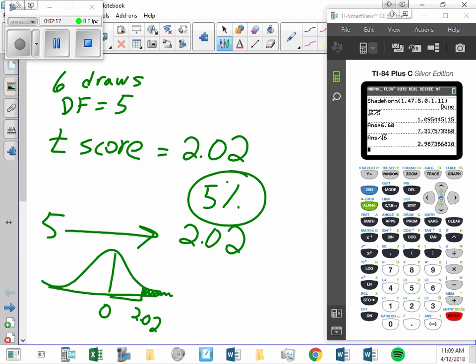Now, interestingly enough, what if my degrees of freedom were 6? Then 5% would be 1.94. You see that? Okay, if my degrees of freedom were 7, it would be 1.89. What if I had 500 draws?